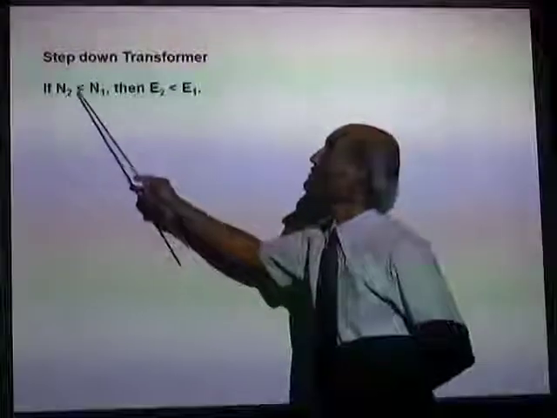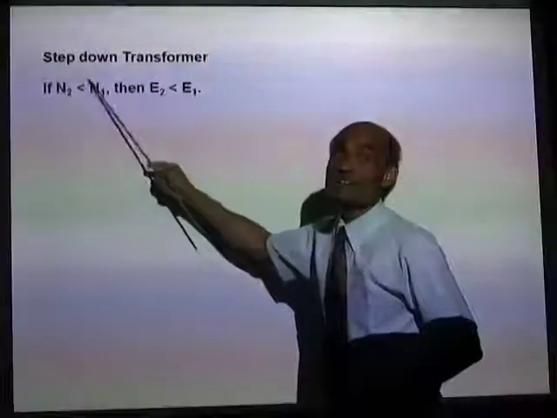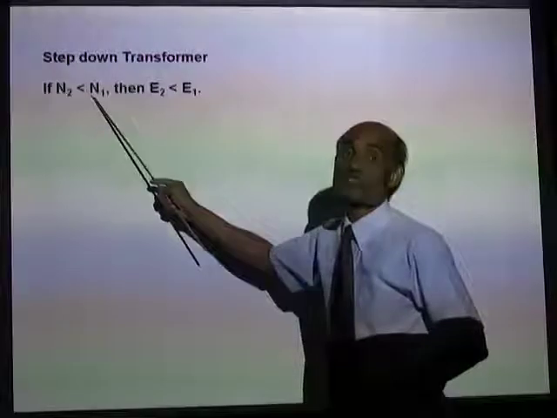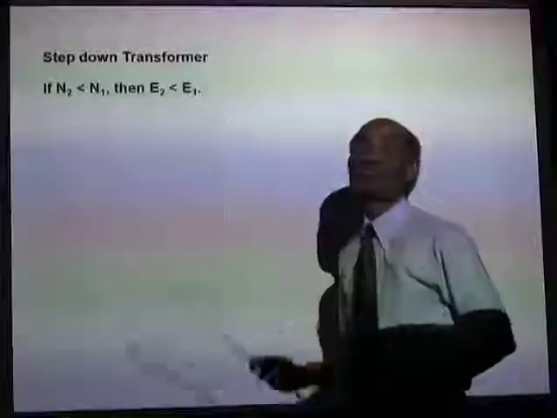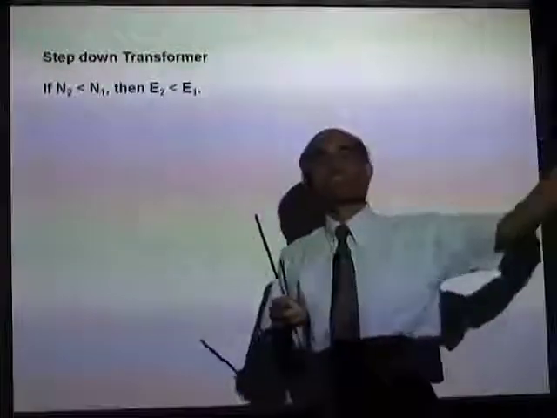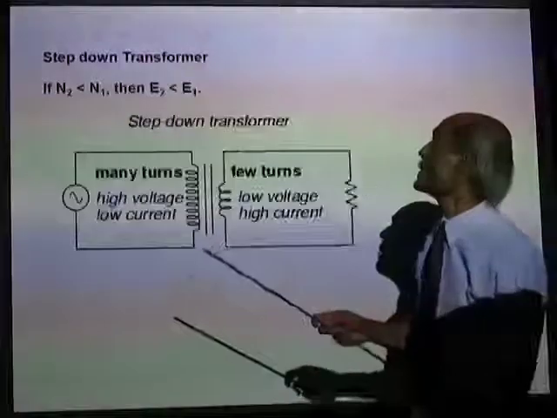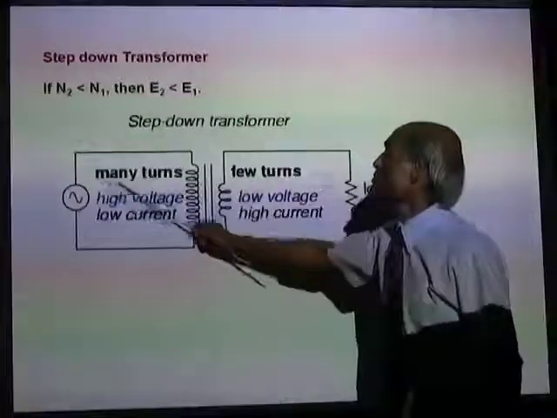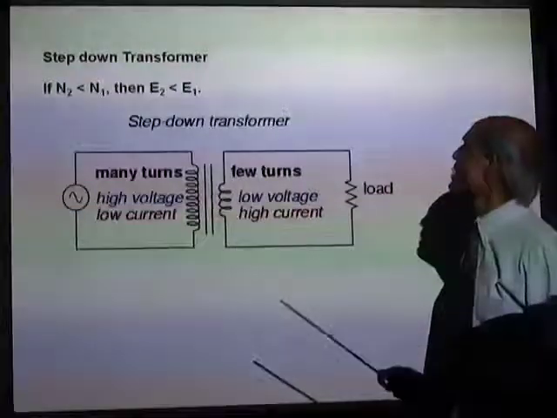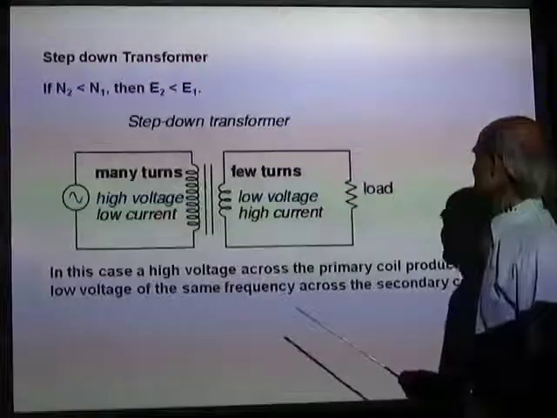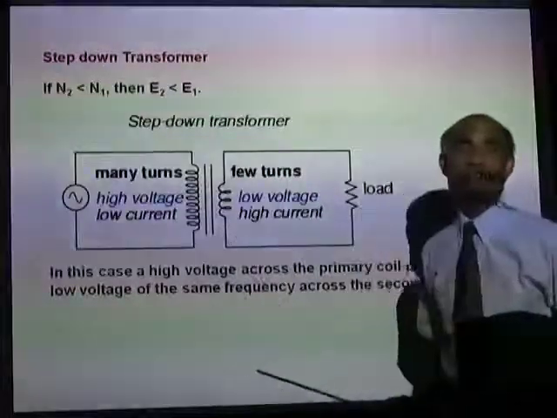If N2 is less than N1, the number of turns in the secondary is less than the number of turns in the primary, then the output voltage will be less than the input voltage. That means from a high voltage AC, you can obtain a low voltage AC. So this is a high voltage AC and the output is a low voltage AC. This kind of transformer is called a step-down transformer.